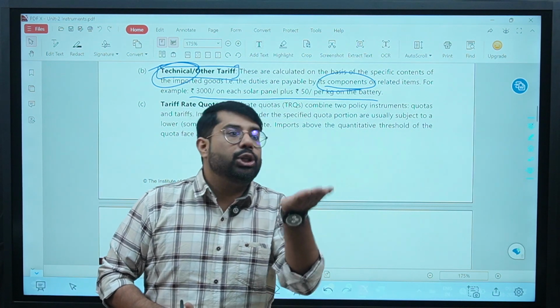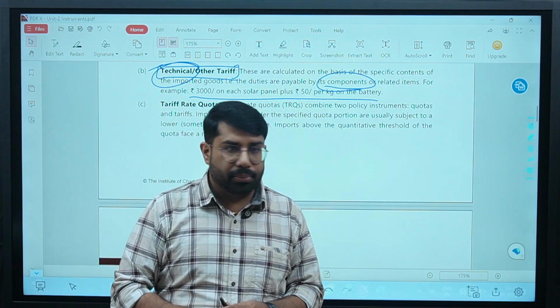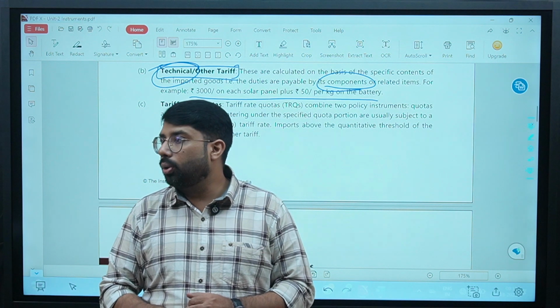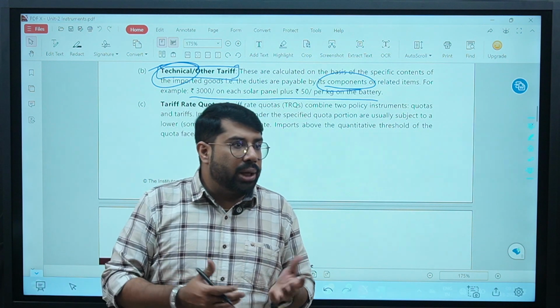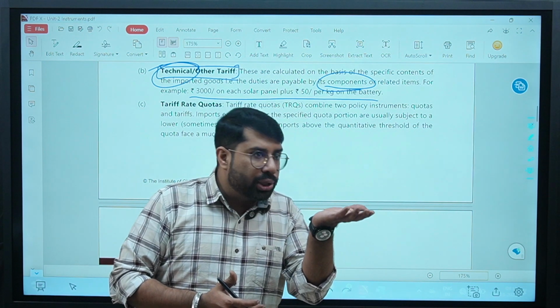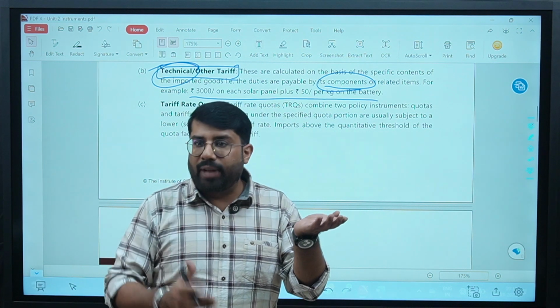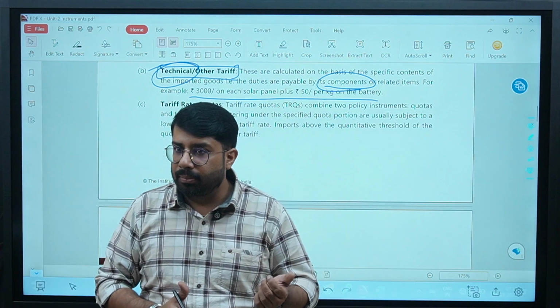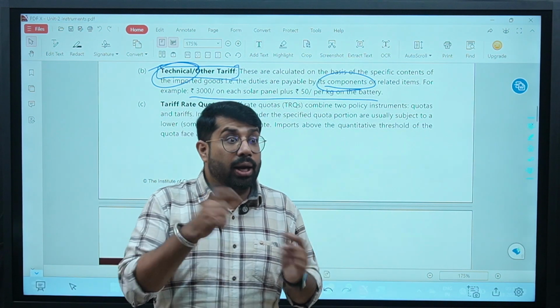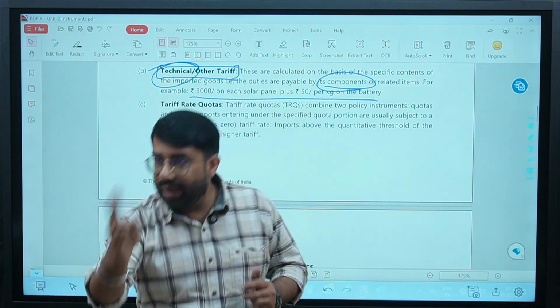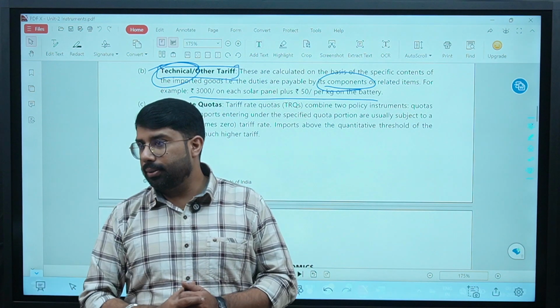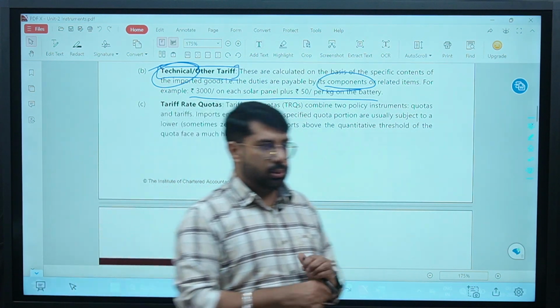It will be like per kg charge. Are we clear? Yes or no? Yes, sir. So when I am saying that I am charging per kg charge on a battery, that is what type of tax? Specific or ad valorem? Specific. Why? Sir, specific unit, weight and measurement. Are you clear on this? People, yes or no?